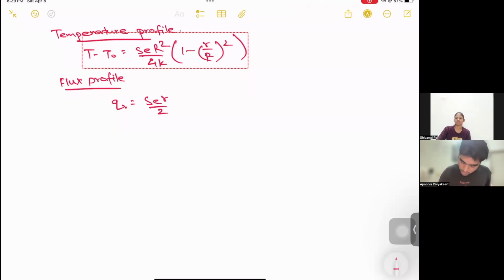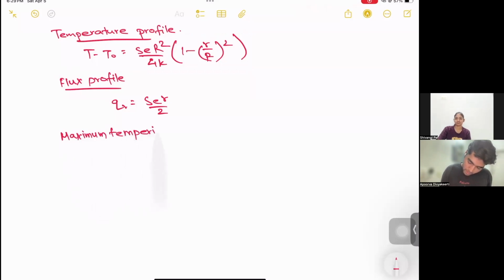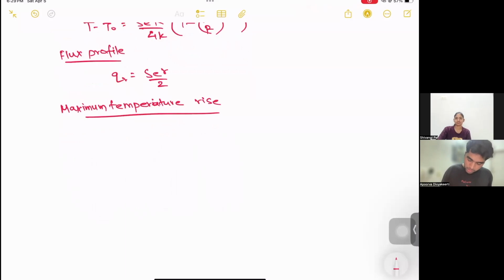Now we can calculate the maximum temperature rise from this. So how will we get this? For maximum temperature rise, we know that r is equal to 0. At r equal to 0, we get the maximum temperature rise.